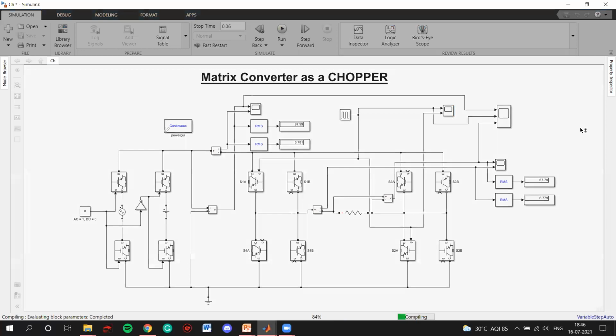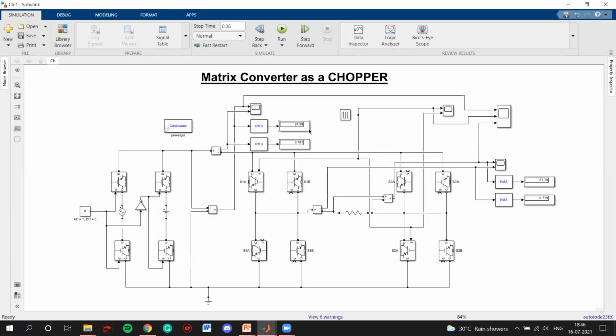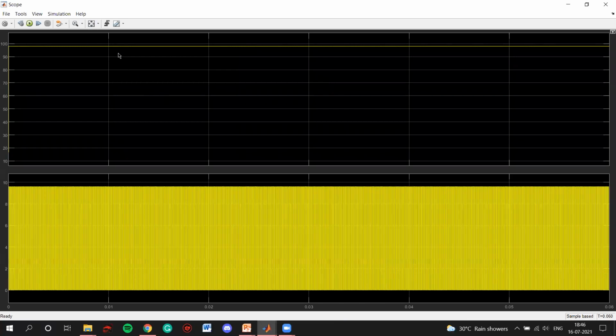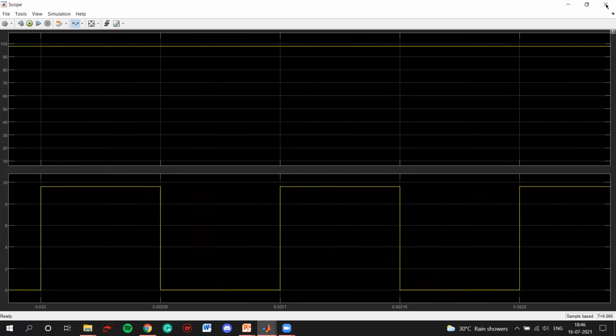Let's run this. So we can see here the input RMS value that it is taking is around 97.99. Some losses are there in the switches and the circuit as well. So let's see the input waveform. So the upper one is the voltage that is around 100 volts, and the below one is the current which is chopped.